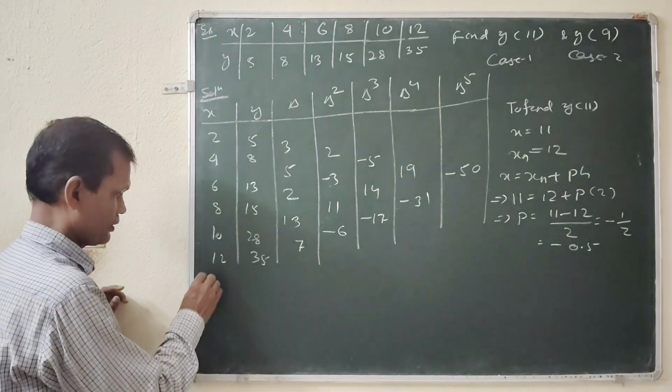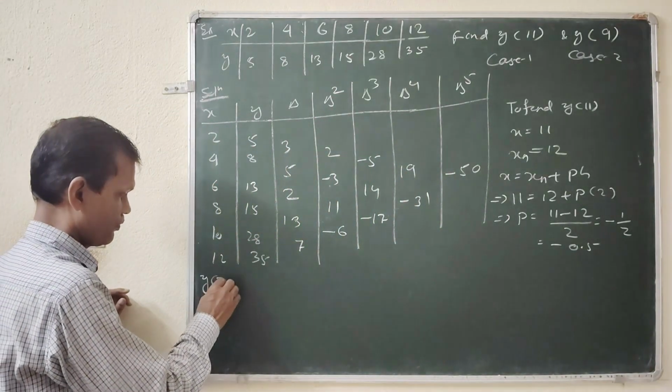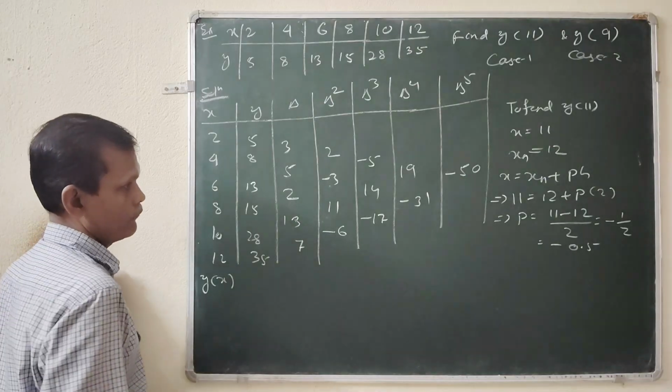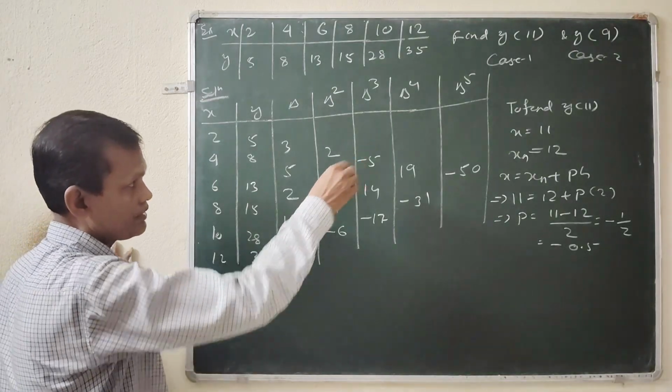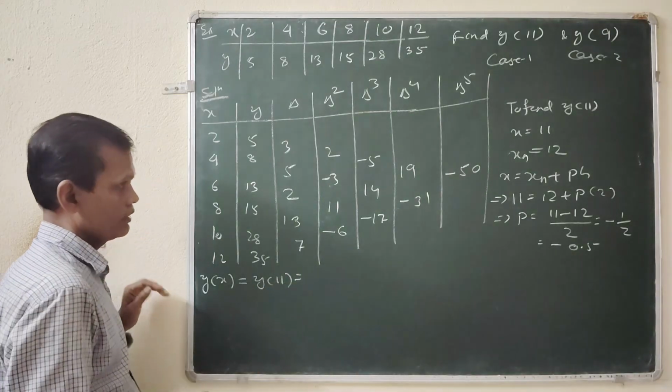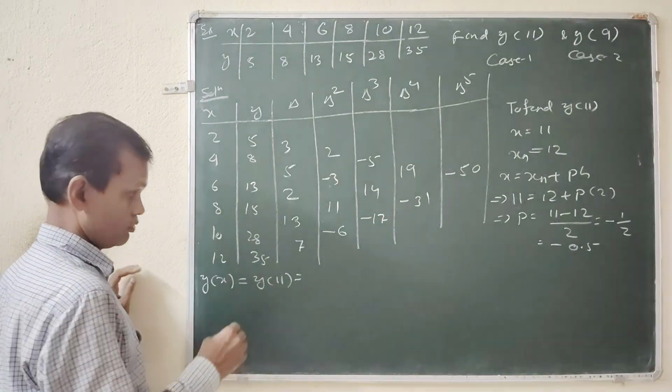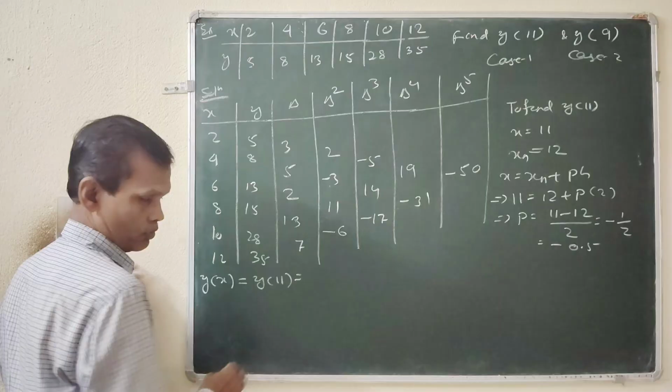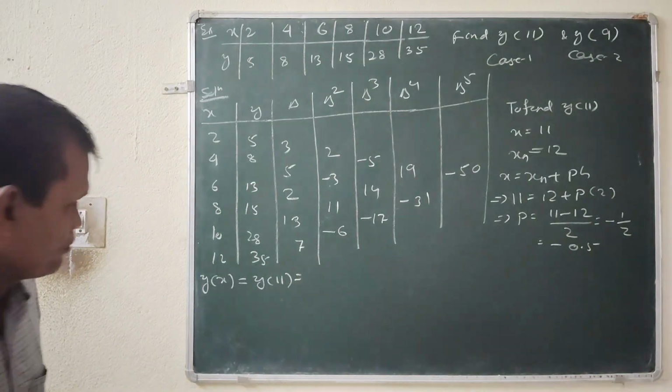Now you apply the formula. That is y of x. What is x? X is here 11, so that is y of 11. First let us write the formula, then we will put the values.